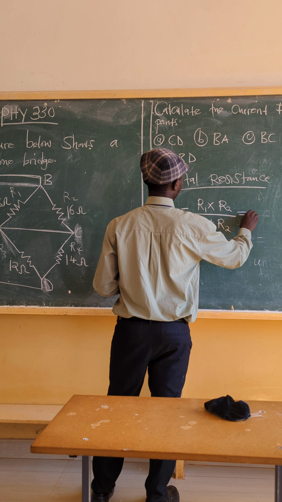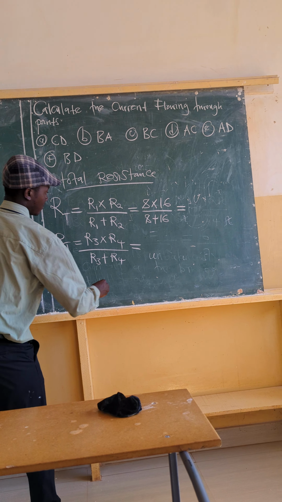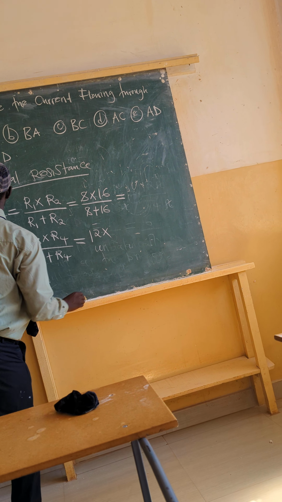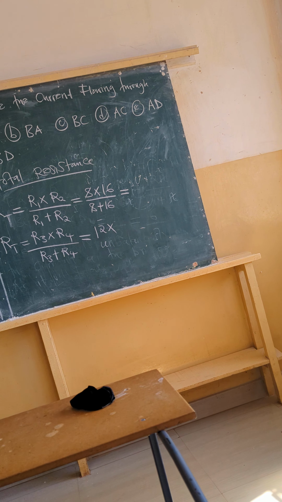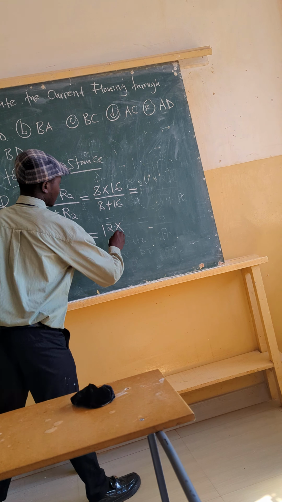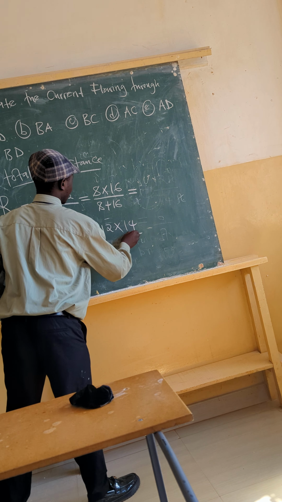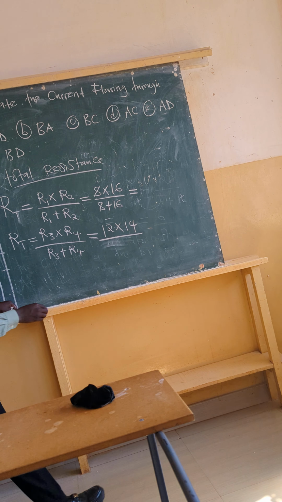So what is our resistor 3? It's 12 times resistor 4, it's 14, over 12 plus 14. Let me start with the first branch.